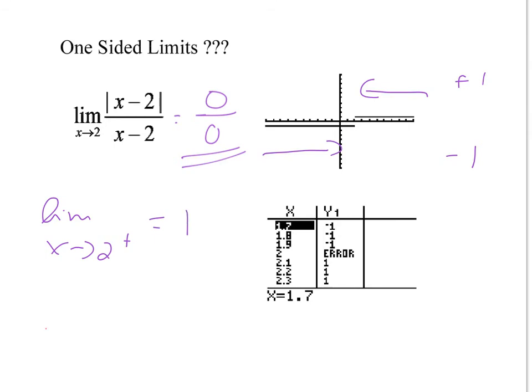Likewise, the limit as x gets closer to 2 from the negative side is negative 1. Both of those one-sided limits do exist. However, because they approach different numbers, the limit itself does not exist.